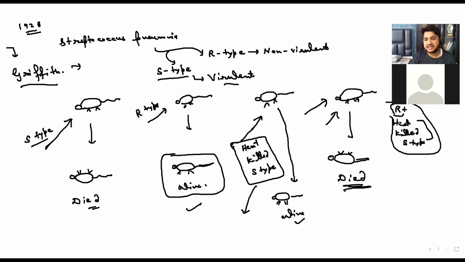So finally the rat died. Is it because of the R strain material or the heat killed S strain? The R strain. So can we say that R strain has somehow been transformed?